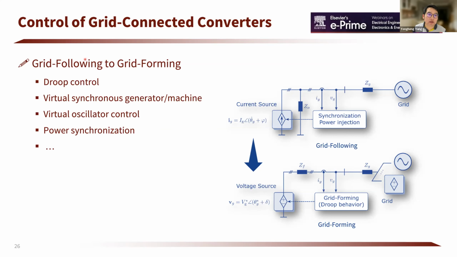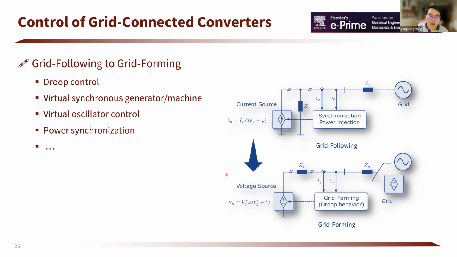Compared to the grid following control, grid forming control makes our renewable generation systems active power sources. It can provide a stable voltage reference to the loads, which means it can act as a constant voltage amplitude, constant frequency source seen by other loads.